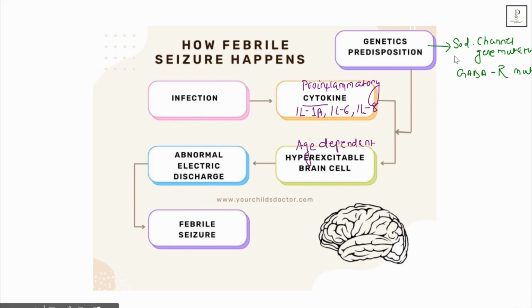These mutations cause channelopathy, and this channelopathy will predispose a patient to develop febrile seizure more frequently. So this is how febrile seizure is more common in children. First, because of cytokines acting on age dependent hyperexcitable brain cells, because their brain cells are hyperexcitable. Second is due to some genetic predisposition.